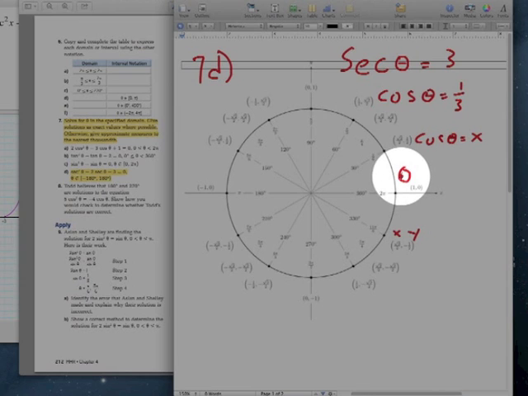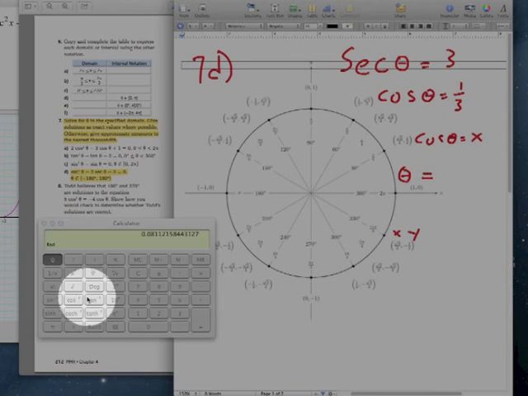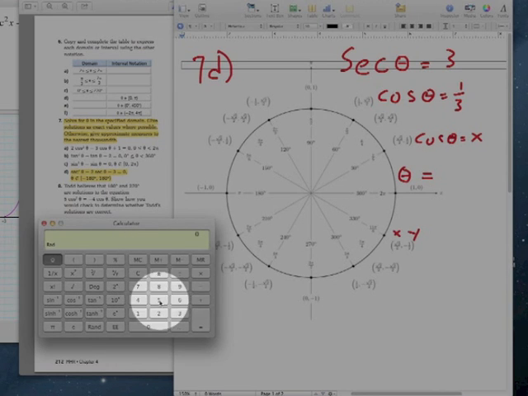If you plug that into your calculator, theta should wind up being 70-ish. Let's take a look at what that would be. So clear. 1 divided by 3 is equal to this, and we're going to be talking about degrees, so let's pop that back in degrees. If I do shift cos of that, we'll find it's 70.53 degrees.